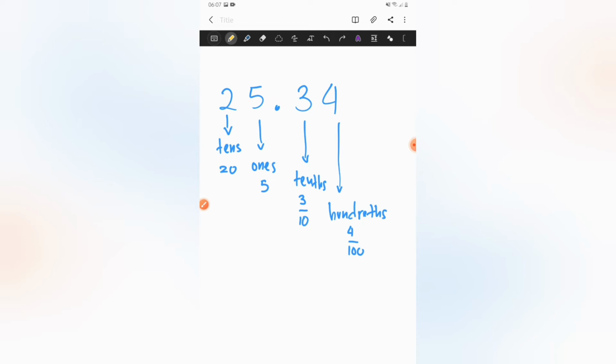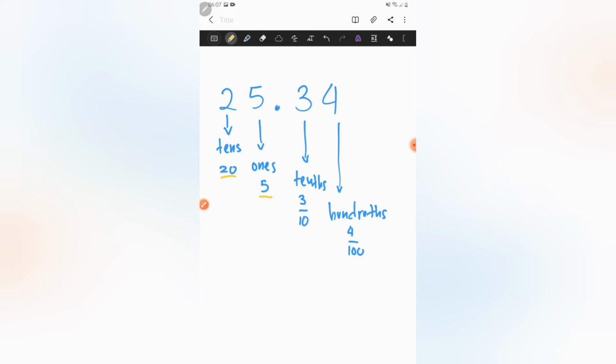Okay, so we can break it down into their place value. 25.34. The 2 there is tens, and the value of the 2 is 20. Ones, there is 5, so the value is 5. And after the point, we go to the fraction part. It always starts with the tenths, hundredths, and so on.